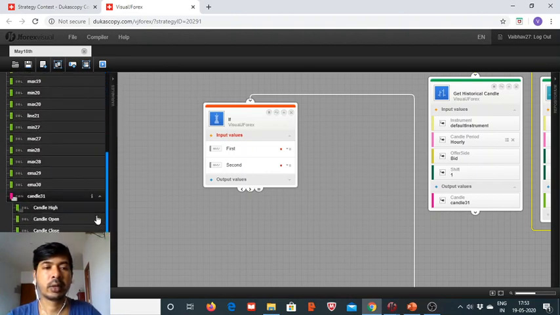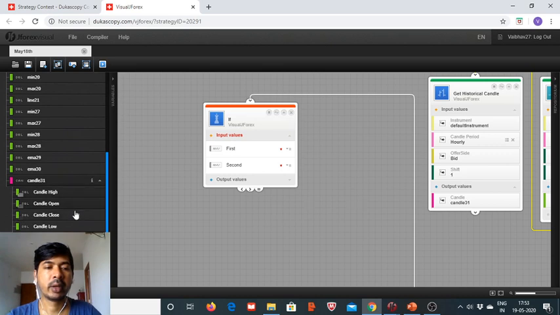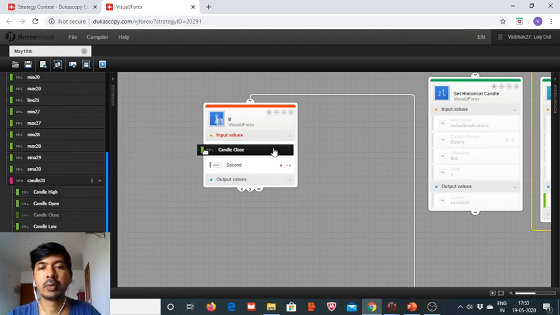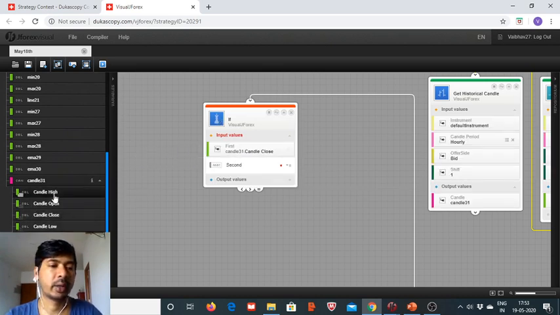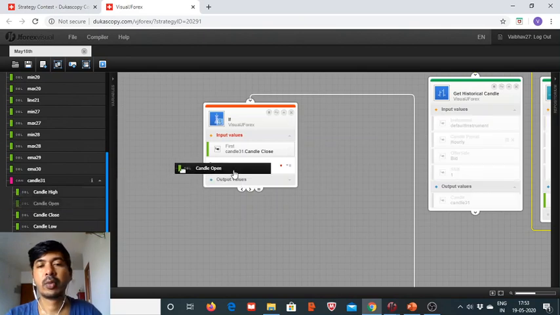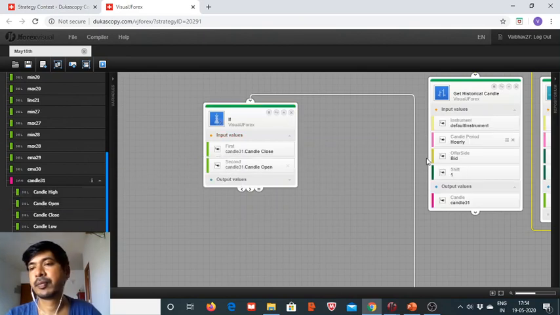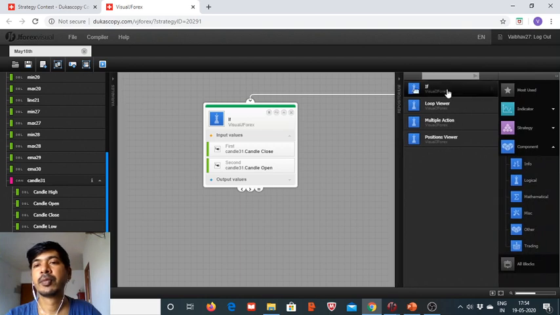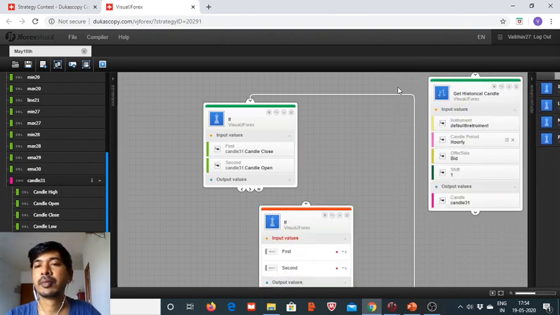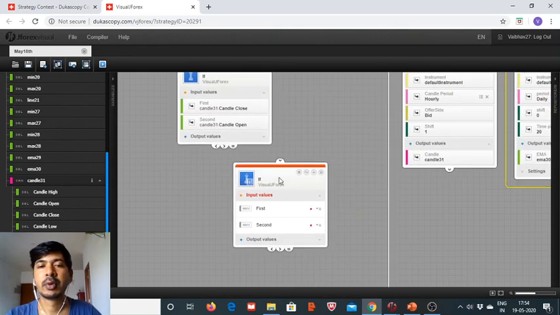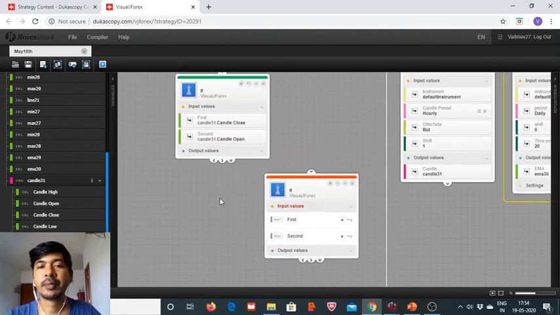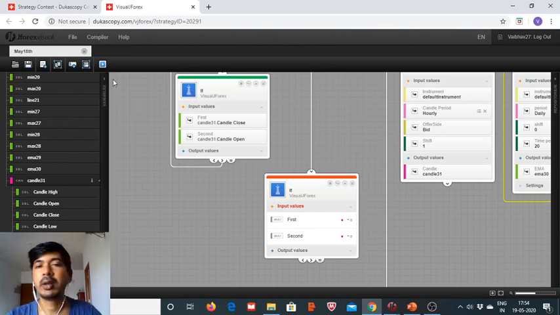So here is candle 31 and its closing value should be higher than the opening price. So here candle close should be greater than the candle open in the case of candle 31.